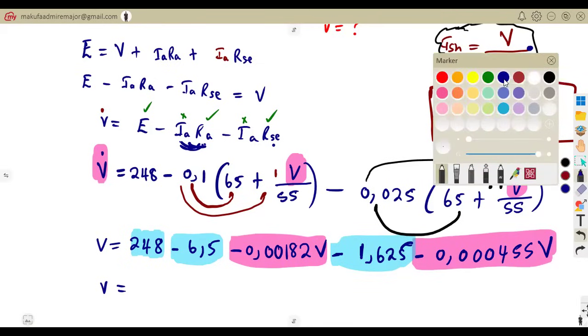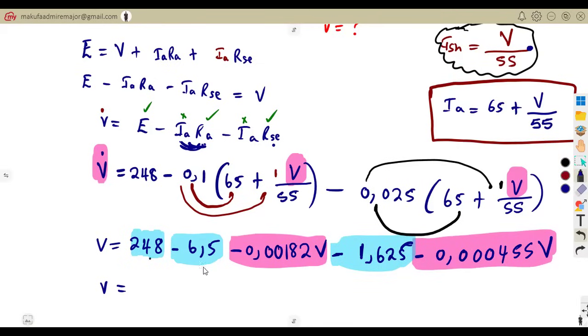All right, so let's combine the numbers: 248 minus 6.5 minus 1.625 was going to give us 239.875. The part where V is here, as you can see, this is minus 0.00182, minus 0.000455, whatever that we have there.